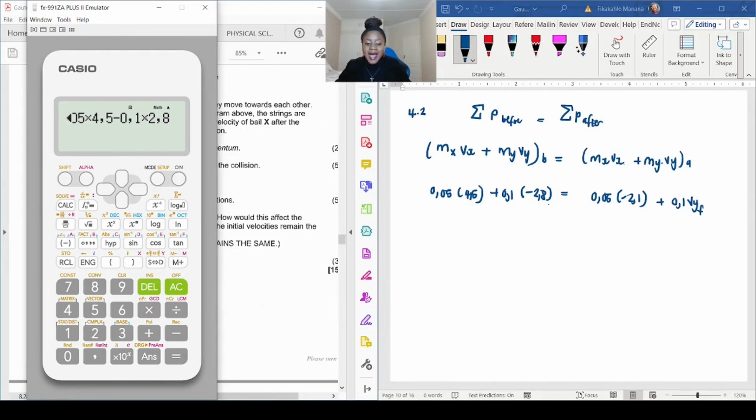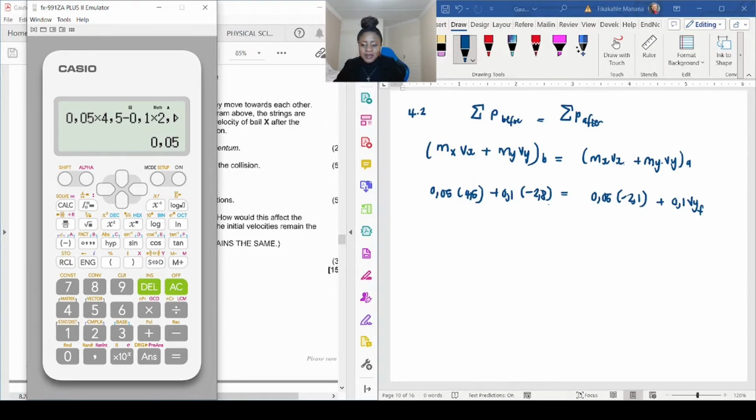And then we're going to add, because the 0.05 times a negative gives you negative, but if you take that negative to the other side, it then becomes a positive. So we're going to have 0.05 multiplied by 2.1. Okay, this is now maths. All right, we are cool with the maths part.